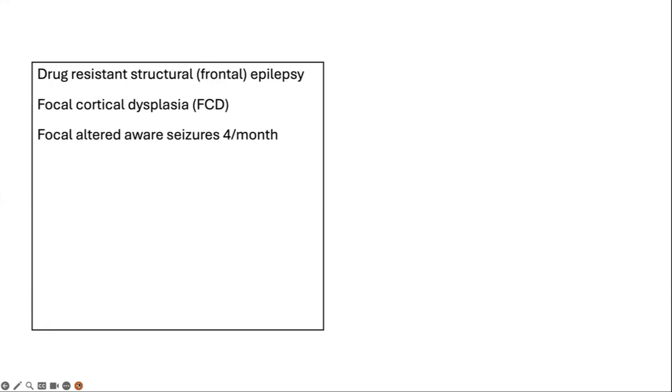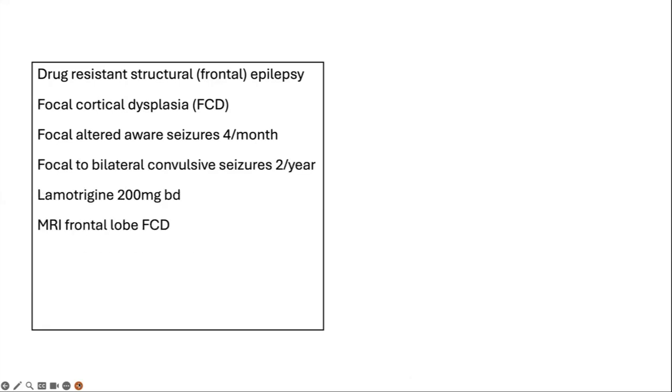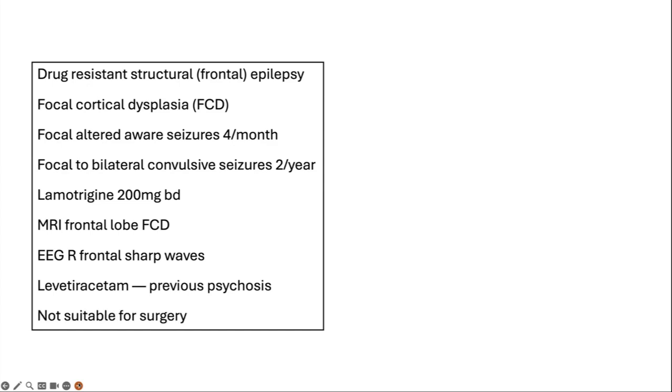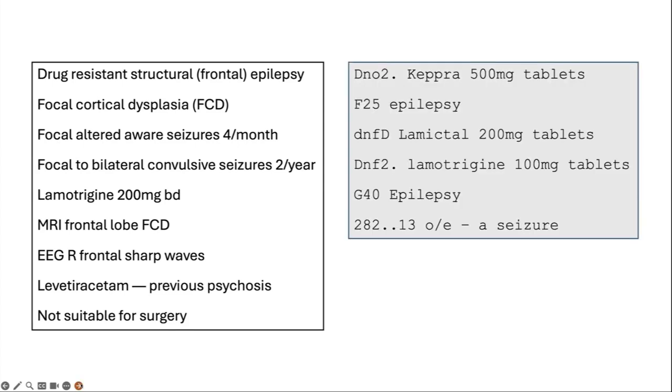And as Valentina alluded to earlier, this type of information you're seeing now is what we sort of think about when we see someone in clinic. We want to know what type of epilepsy they have, how many seizures they're having, the types of seizures, the medication they're on, the MRI results, and the medication that they have been on. But this is the kind of equivalent thing you will see in SAIL.